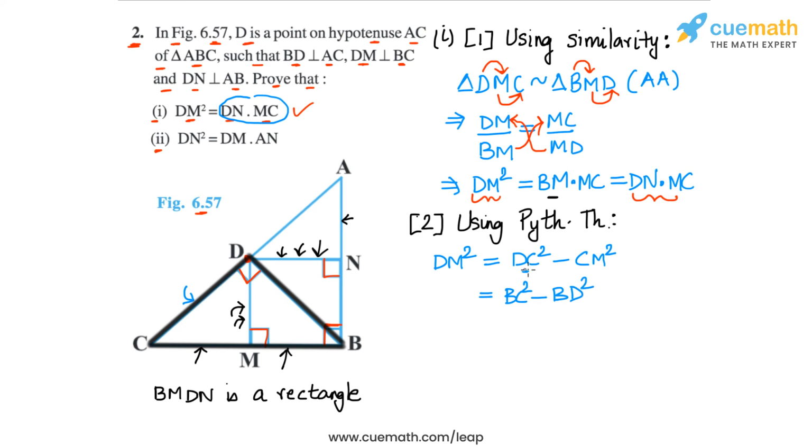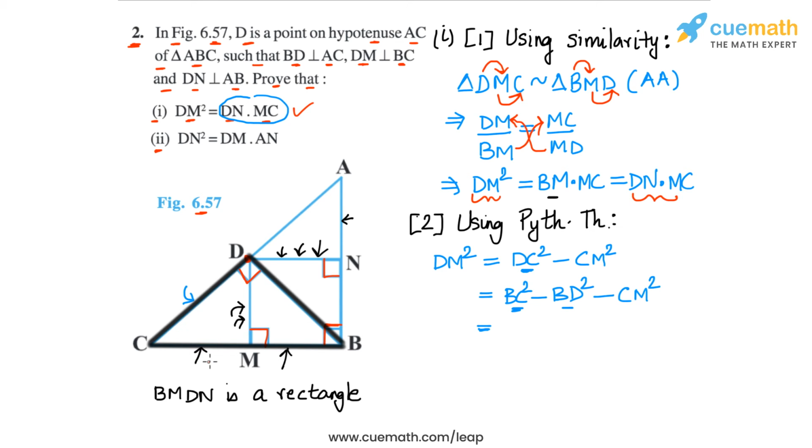So make sure you understand this. I am writing DC square as BC square minus BD square by applying the Pythagoras theorem to triangle BCD. So I get BC square minus BD square minus CM square. And now finally what I'm going to do is the term BC square. In this term, I'm going to write BC as the sum of two segments.